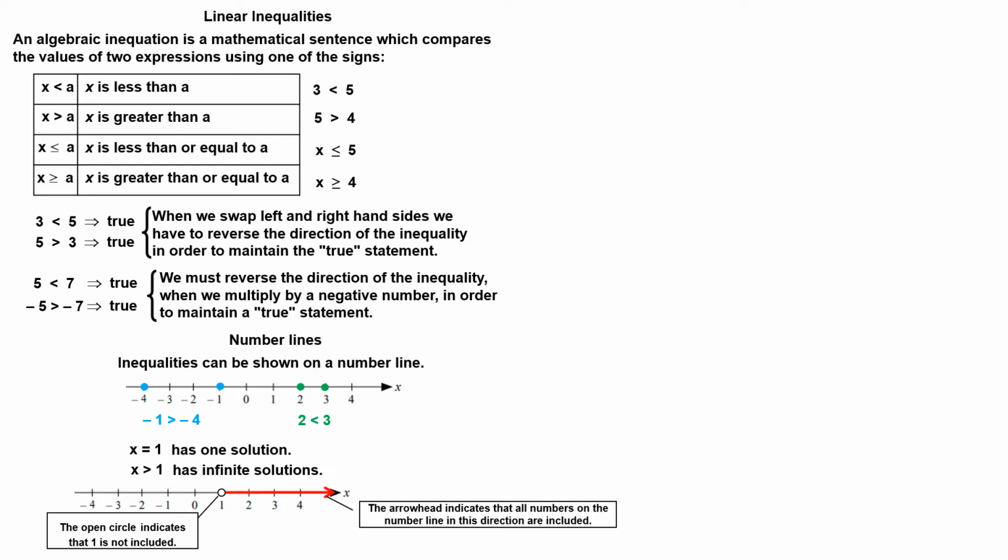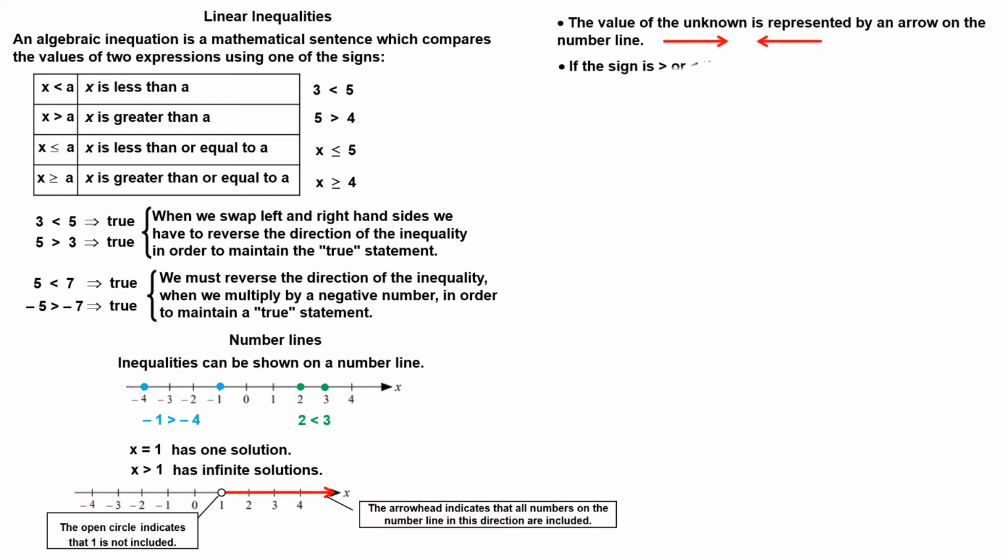To use a number line to indicate solutions to inequations, we use the following rules. The value of the unknown is represented by an arrow on the number line. If the sign is greater than or less than, the arrow has an open circle.